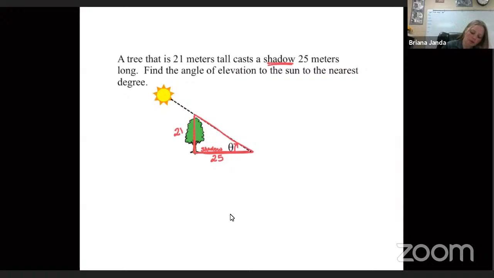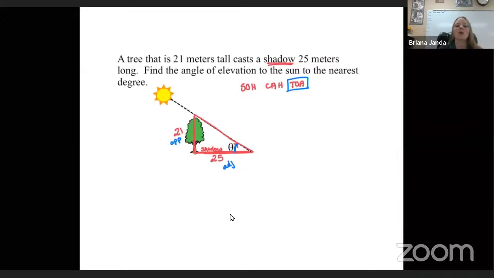So once we have the picture drawn, it's really moving back to what we talked about yesterday. And so now my thought process goes to SOHCAHTOA. I look at my picture and I say, okay, if this is the angle we're finding, from that angle, 21 would be opposite, 25 would be adjacent, and the trig function that uses opposite and adjacent would be tangent.